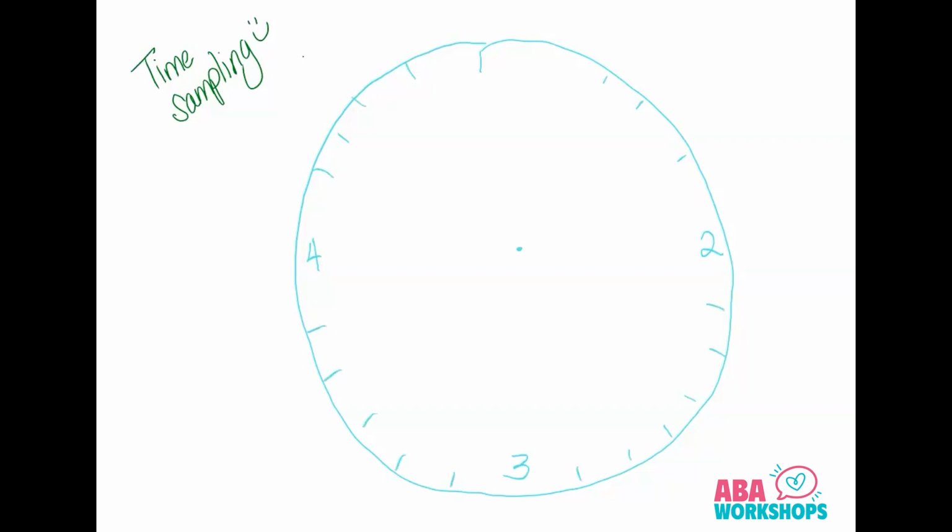All right, so at the top where the 1 is, let's make that clearer. I am going to draw in my best drawing a giant P with a down arrow. And this is going to represent partial interval.